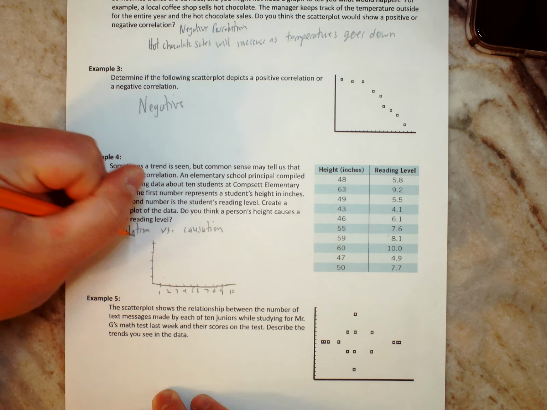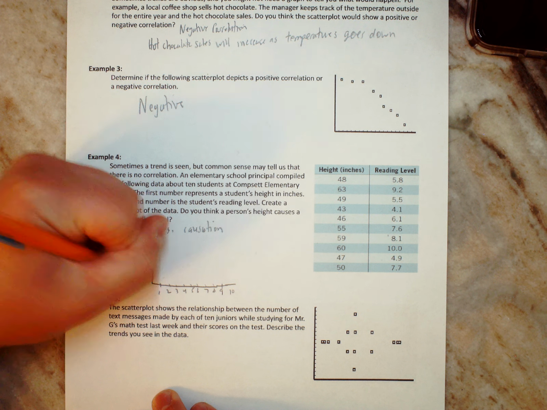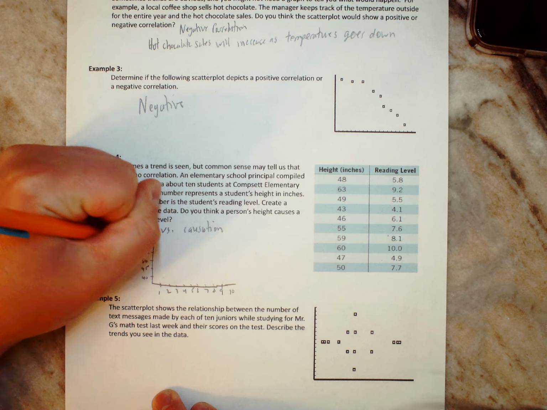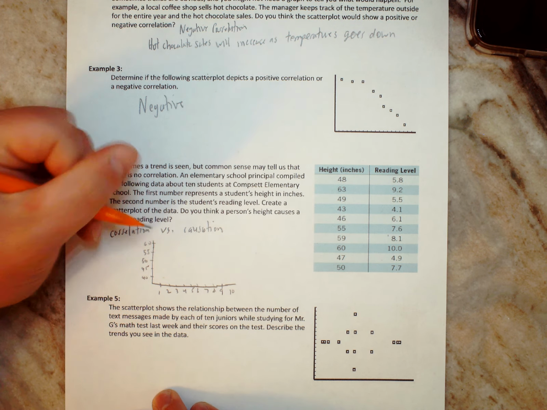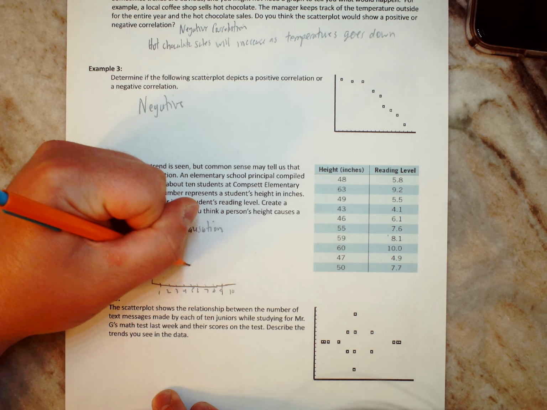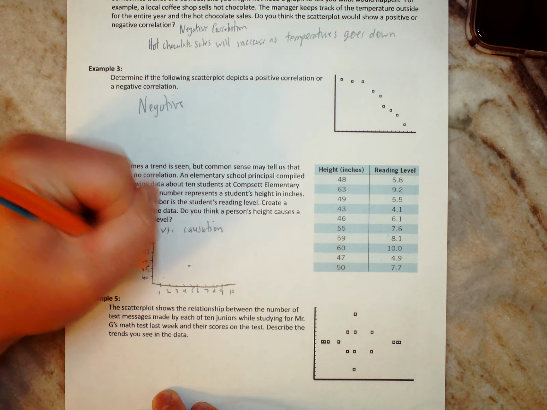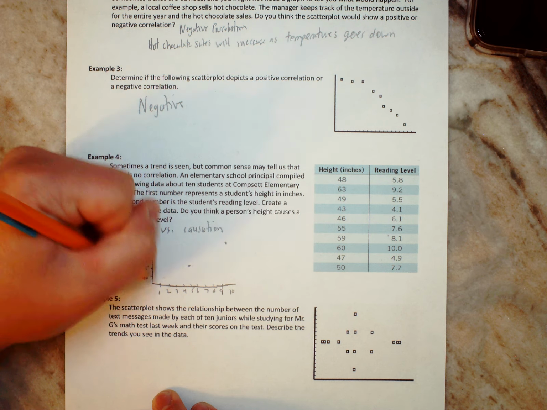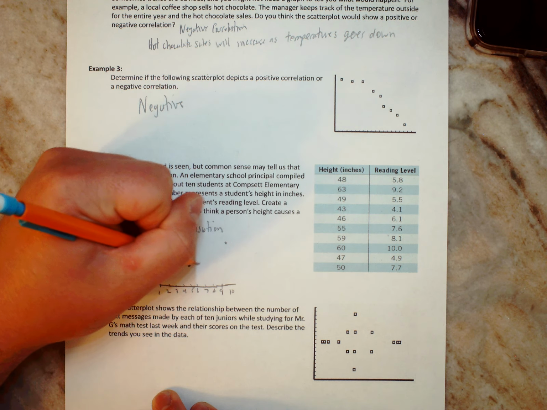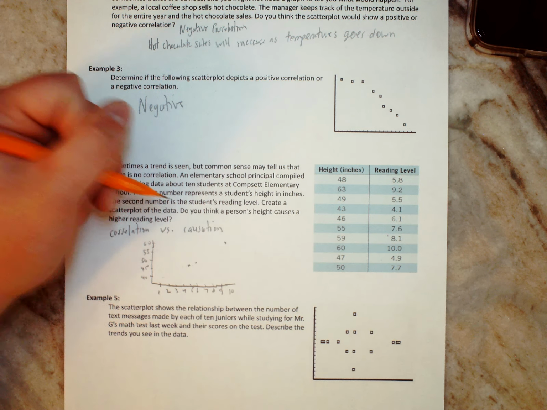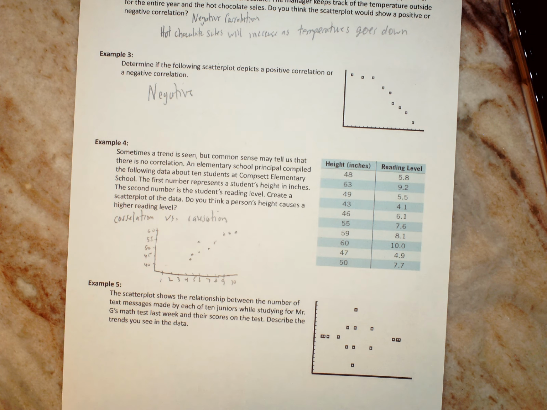Height, we'll go by 5, starting at, what's the lowest? 43. So we'll say 40, 45, 50, 55, 60. So 5.8, 48, over here. Right there, 63, 9.2. Over there, I'm just doing this kind of rough, 49, 5.5 there. I'm going to pause it and skip so it's all done. So there's a rough estimate of the scatter plot.